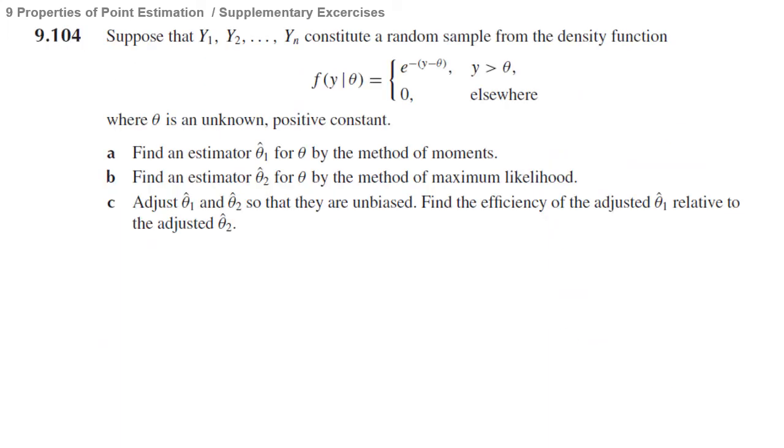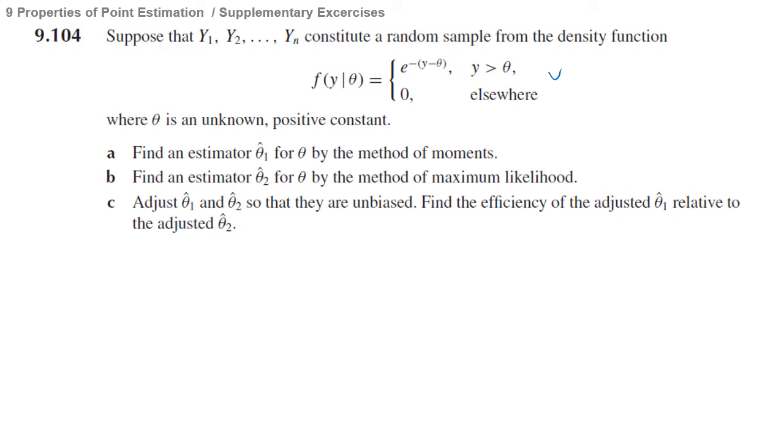Okay, let's move on to supplementary exercise 9.104. Suppose that y1, y2, ..., yn constitute a random sample from the density function of this. As you may guess, this one is a shifted exponential distribution.